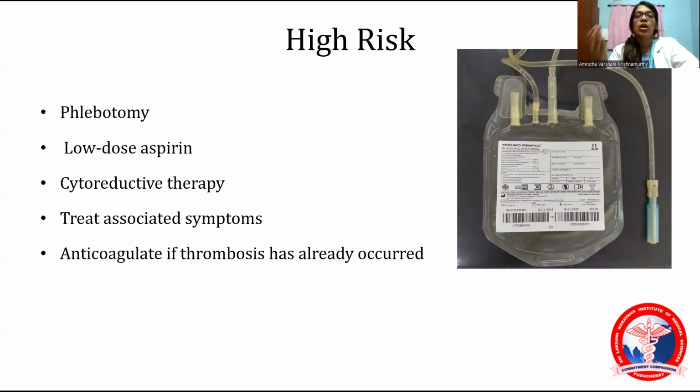In all these cases, whatever routine we are using for anticoagulation has to be continued along with low dose aspirin. A deep vein thrombosis of the lower limb can also happen because of polycythemia. In that case, we can give heparin, bridge it with warfarin, and continue warfarin with the target INR range in addition to low dose aspirin.